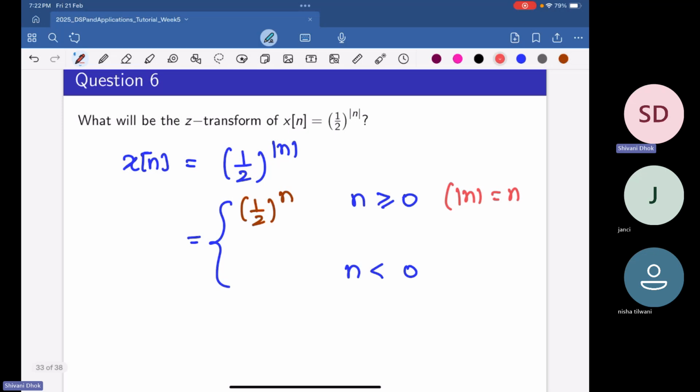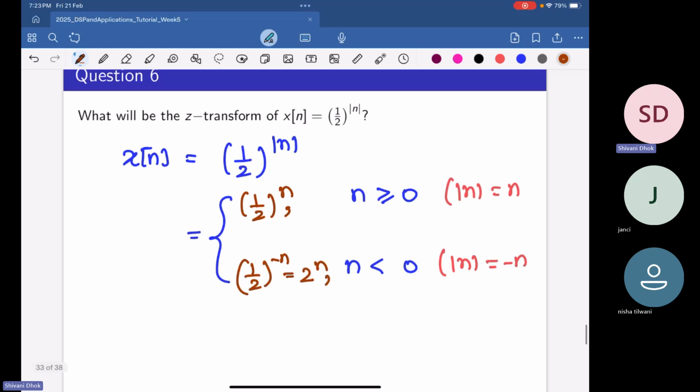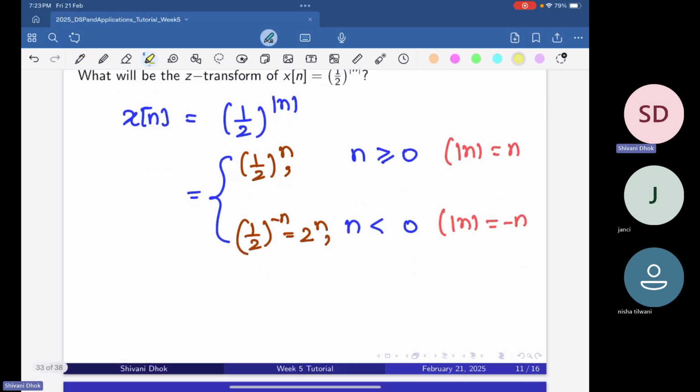And for the case when n is negative, magnitude of n is minus n. So what we get here is 1 by 2 to the power minus n, that is 2 to the power n. Okay. So now if you observe carefully this part, this is like 1 by 2 to the power n for n greater than or equal to 0.